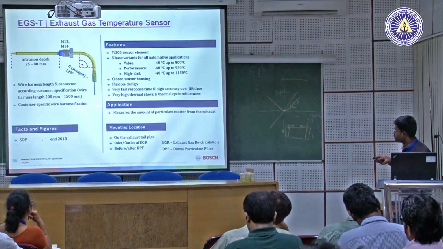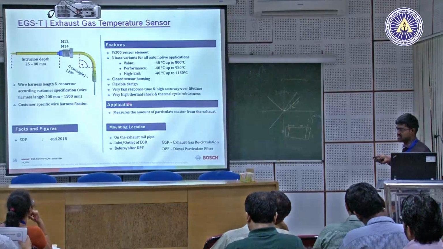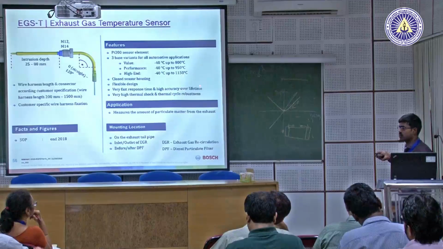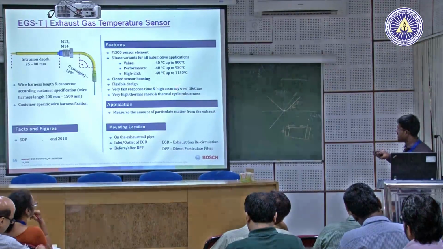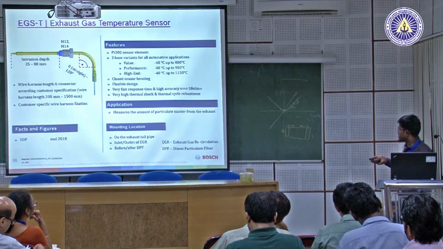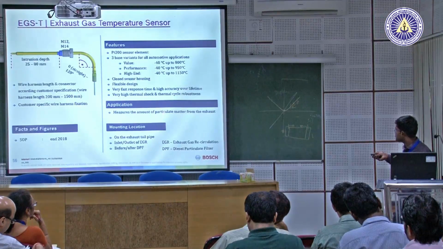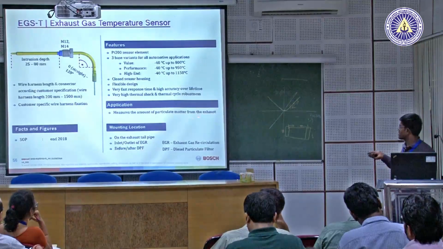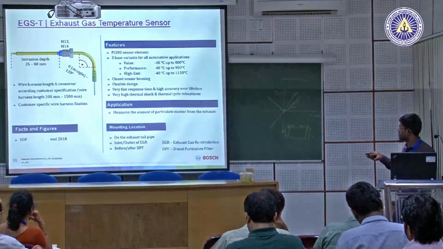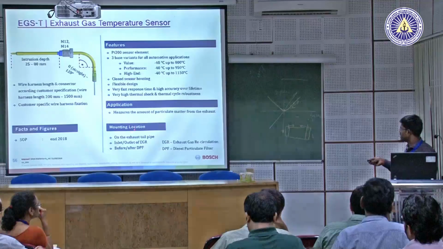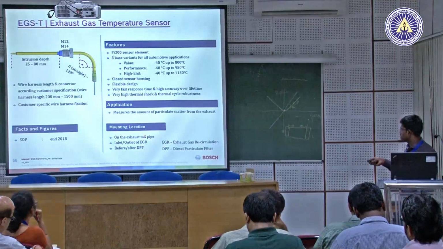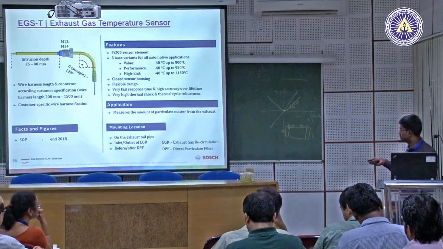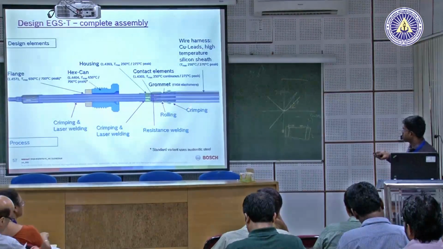We have different types of temperature sensors, sensing from -40 to 1150 degrees centigrade. It measures the temperature of the exhaust gas. It is mounted on the exhaust tailpipe, the outlet of EGR (exhaust gas recirculation), and before and after the DPF. This is the typical assembly.